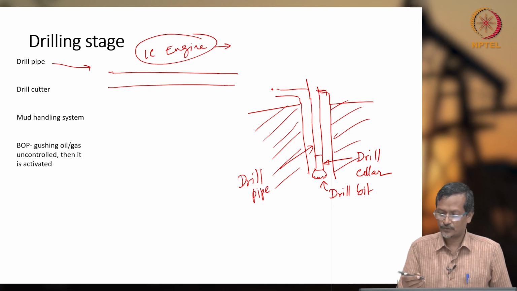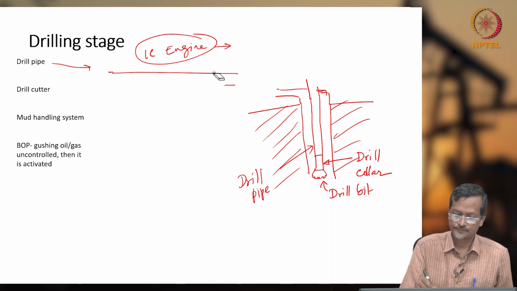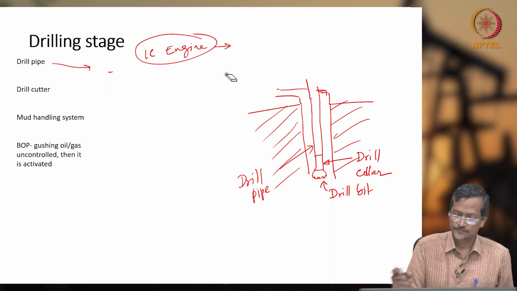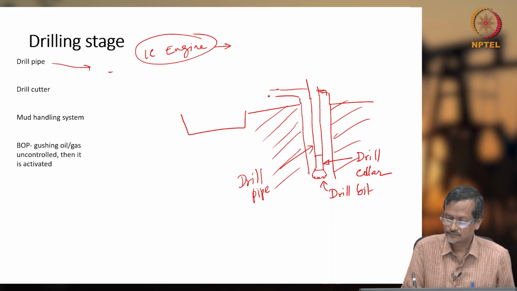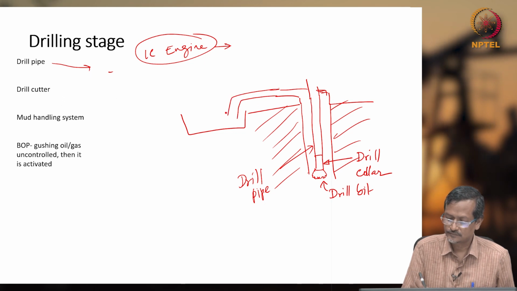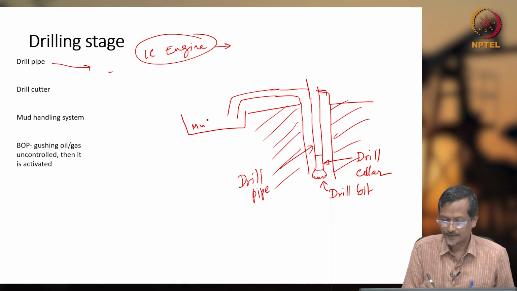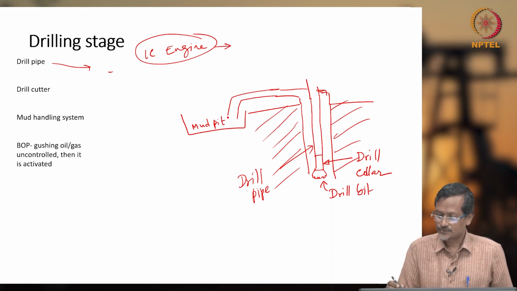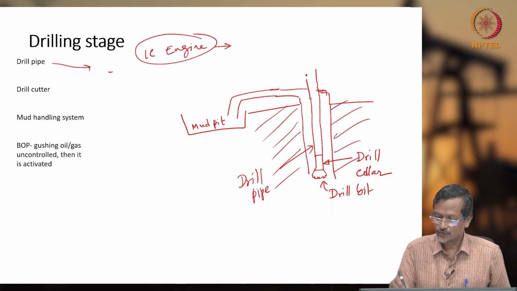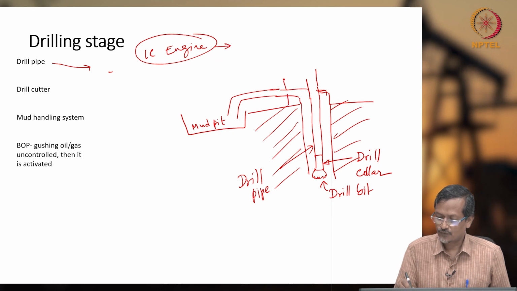This pipe will go to the mud pit. So when you are drilling, this will go to one platform like this.